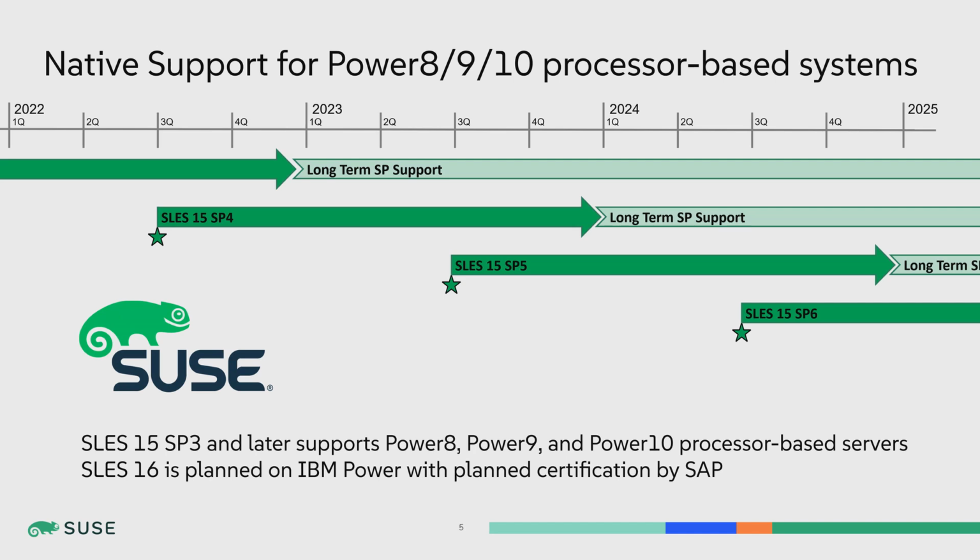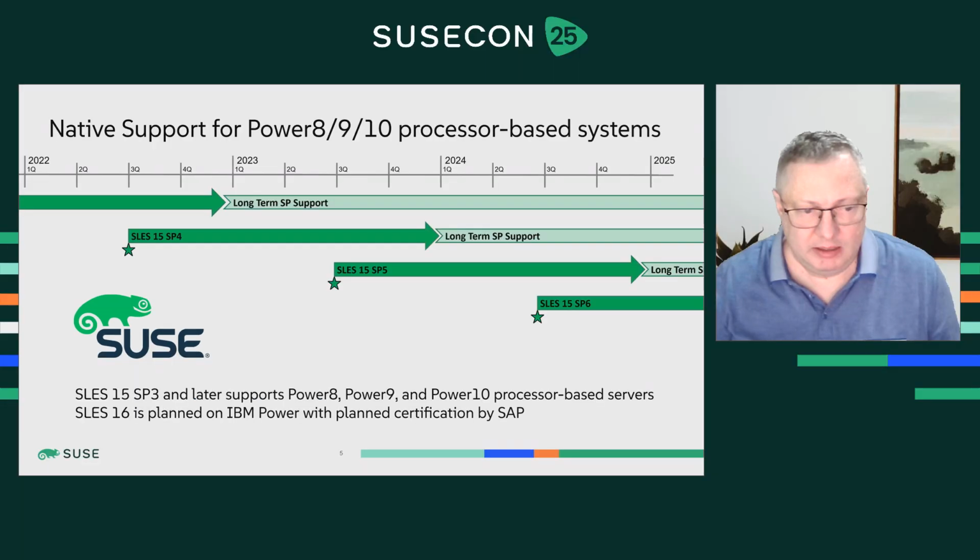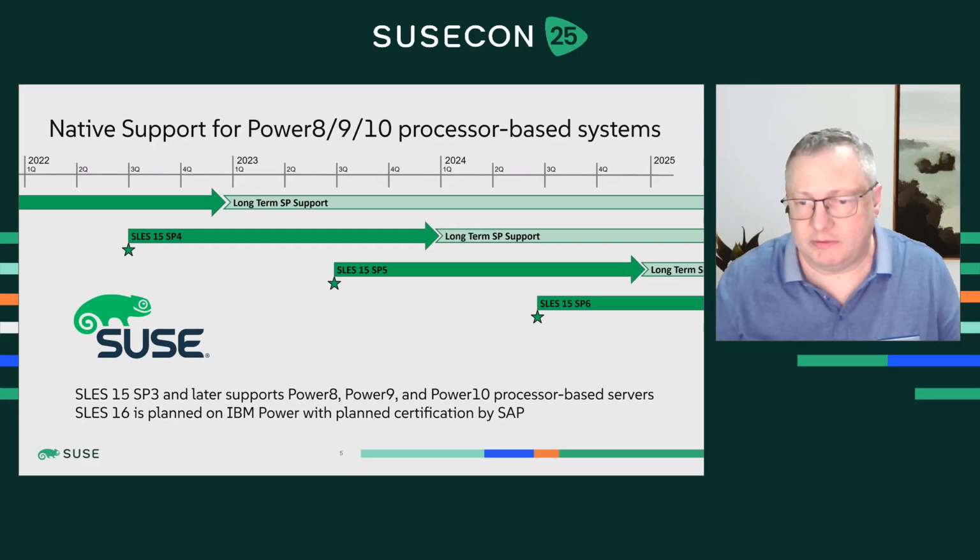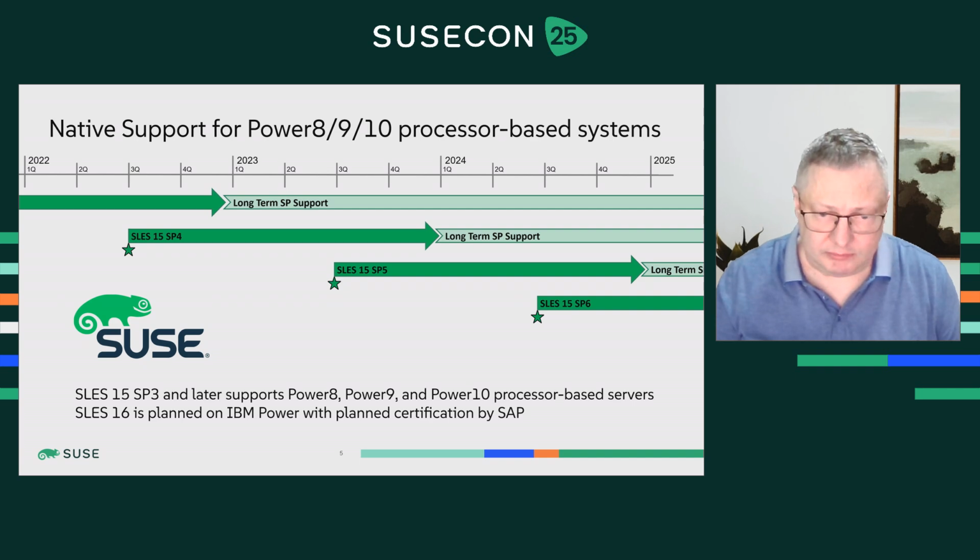Then, of course, we have SLES 16, which is planned, and we intend to certify SLES 16 and Power for SAP environments. The release schedule for SLES on Power is identical to the release schedule for SLES on Intel platform.